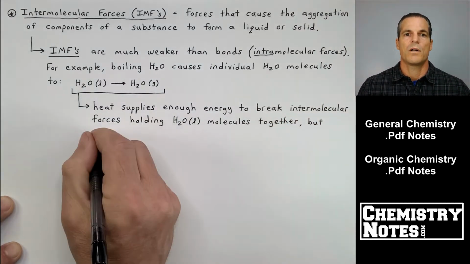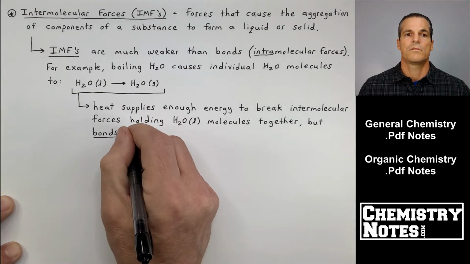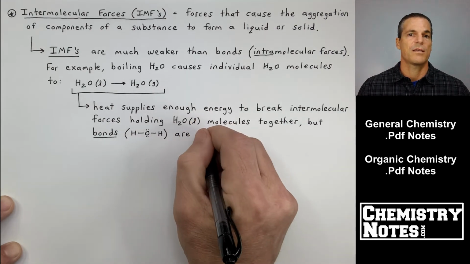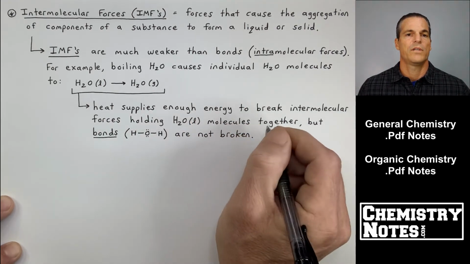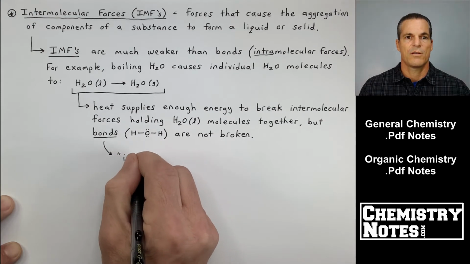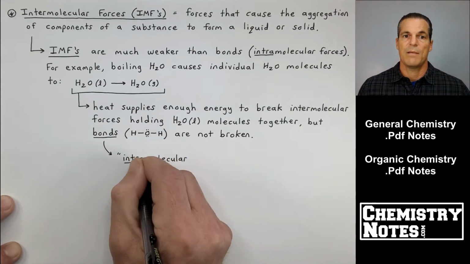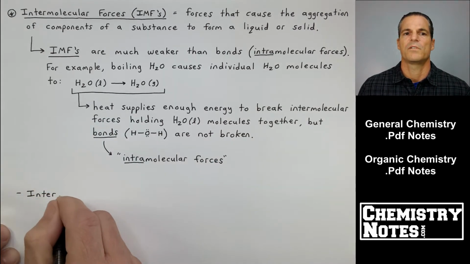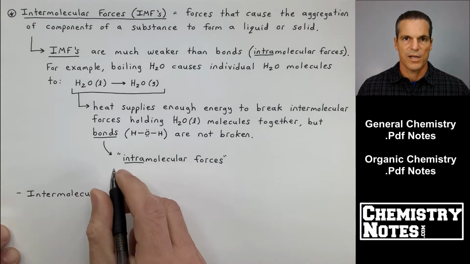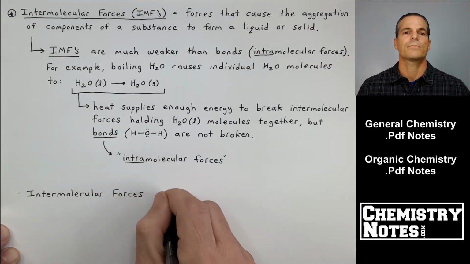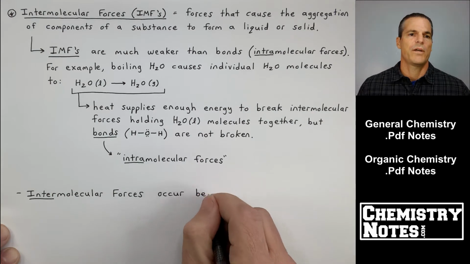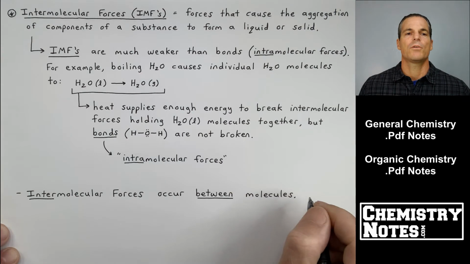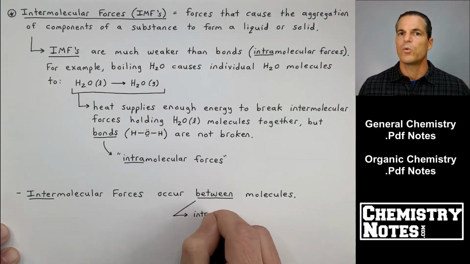For example, boiling water causes individual water molecules to go from H2O liquid to H2O gas. Heat supplies enough energy to break intermolecular forces holding H2O liquid molecules together, but the bonds, namely the two OH bonds, are not broken. Those are intramolecular forces, and it requires a lot more energy to break those bonds. The next bullet point emphasizes that intermolecular forces occur between molecules.